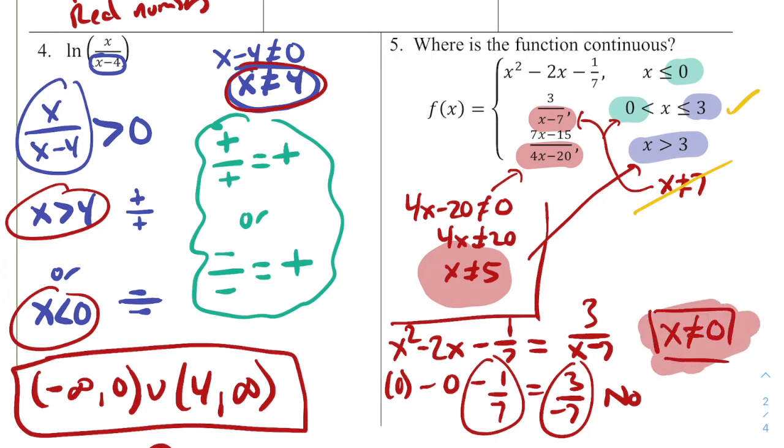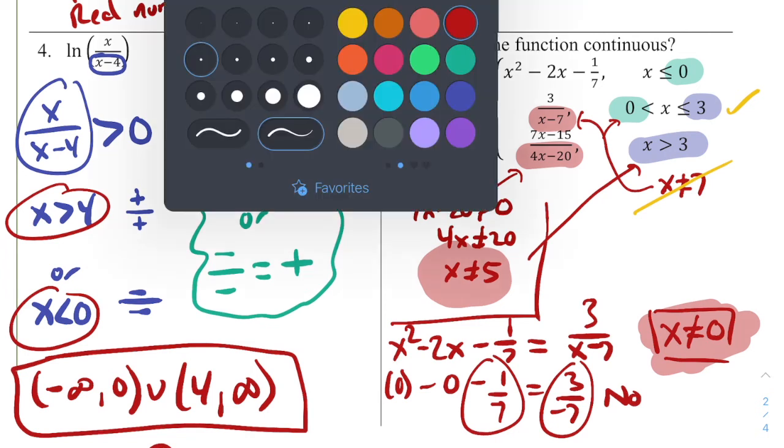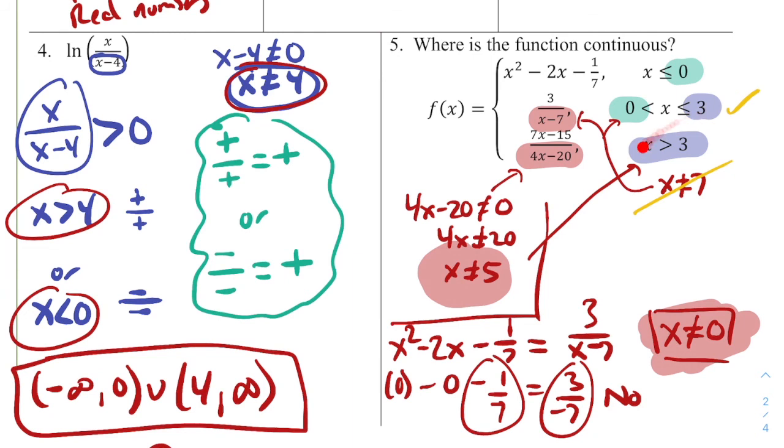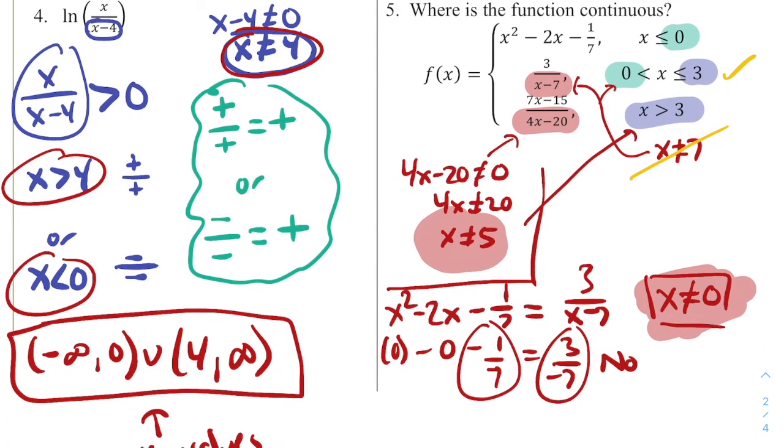And so that is a second place where it is discontinuous. I'll just highlight there. We can check with 3, so I'll do that real quick. Similarly, we need to check when x is equal to 3 because there's two different parts of the piecewise function there. So I need to know, is this equation equal to this equation when x is equal to 3? And I'll do that here in blue. Let's see, so 3 over x minus 7 should be equal to 7x minus 15 over 4x minus 20.